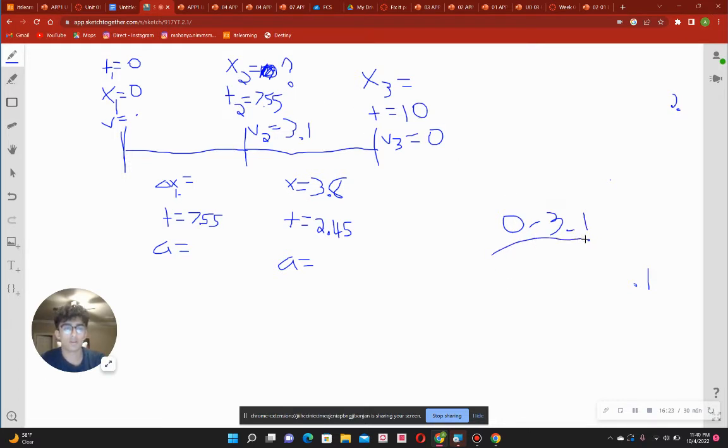And then this is all over the time. The time was 2.45. Sorry, I'm just going to write the equation so it makes a little more sense here. And this is equal to negative 1.27. So that way we can add this here.